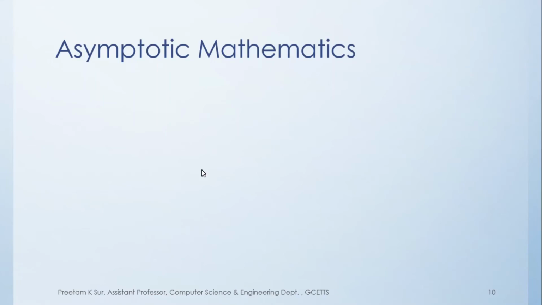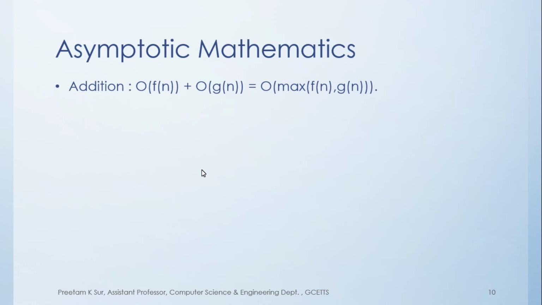The big theta notation or big omega notation are used, but very rarely. In this slide, we are going to discuss the mathematical rules that are applied on the big O notation. Okay, so let us discuss them one by one.